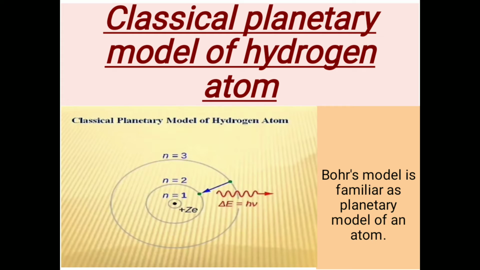This similarity between a planetary model and the Bohr's model of the atom ultimately arises because the attractive gravitational force in a solar system and the attractive Coulomb force between the positively charged nucleus and the negatively charged electrons in an atom are mathematically of the same form. The figure clearly shows that the classical planetary model of the hydrogen atom is similar to the Bohr's model of an atom.